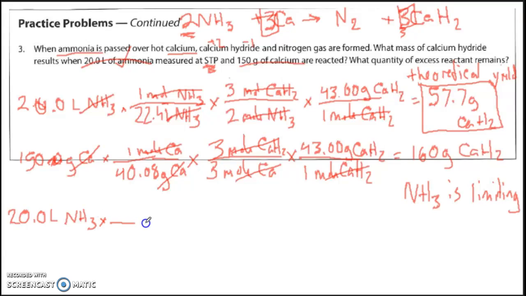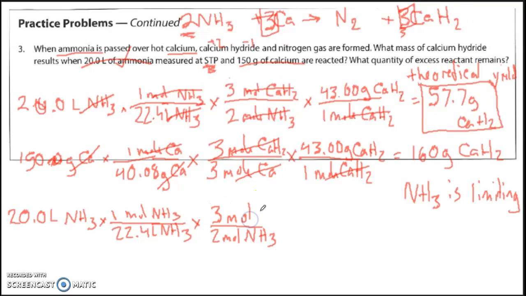I will do the exact same initial problem here, 22.4 liters NH3 to 1 mole NH3. But now instead of switching to calcium hydride, 2 moles NH3, I need to switch to calcium because I need to know how much calcium is required to react with my ammonia.